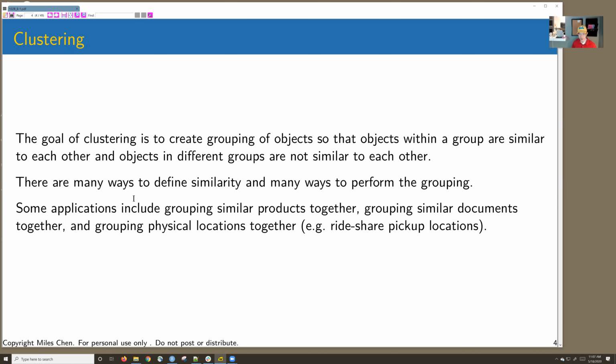What it's trying to do there is clustering. Maybe it's not motivated entirely by money. Maybe they're trying to reduce the environmental impact by grouping similar rides together also.